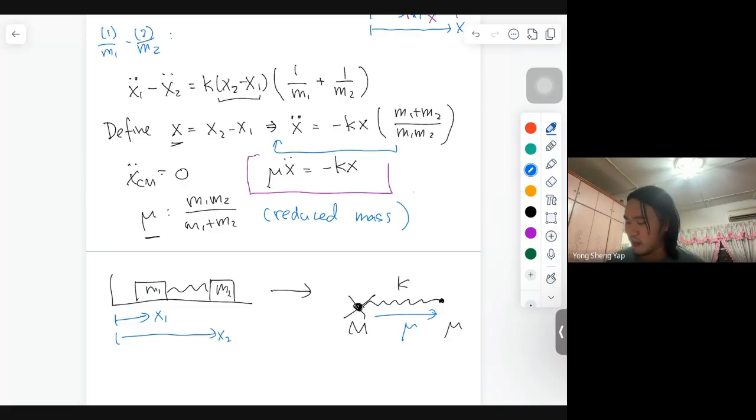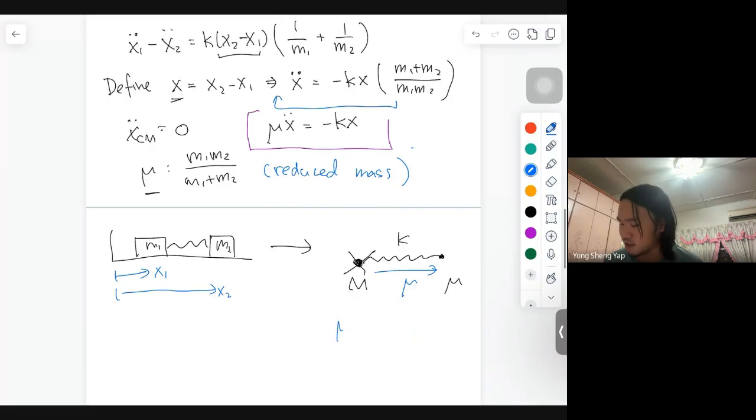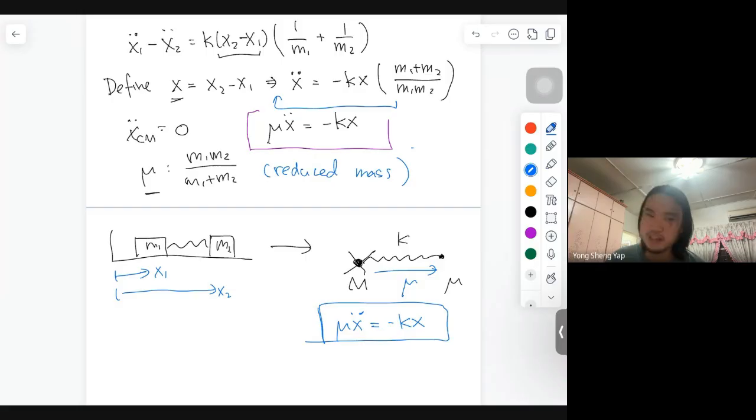Basically, this system is just quantified as mu x double dot equals negative kx. What you have done here is saying that in the rest frame of the center of mass, a two-body system of mass 1 and mass 2 can be completely written as a system where the center of mass is fixed, and then there's a reduced mass.